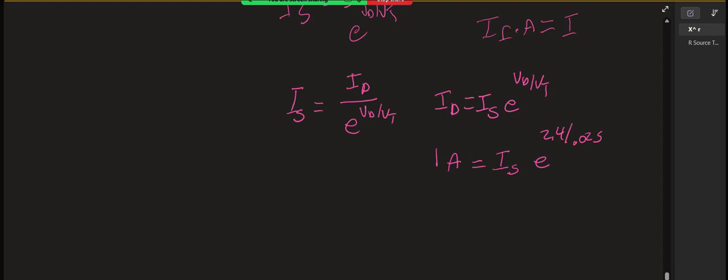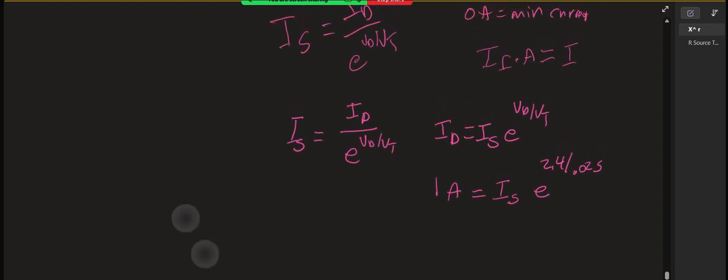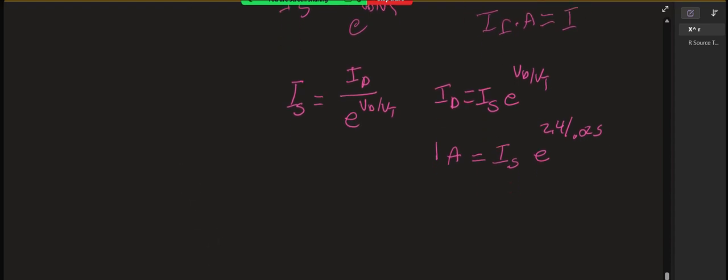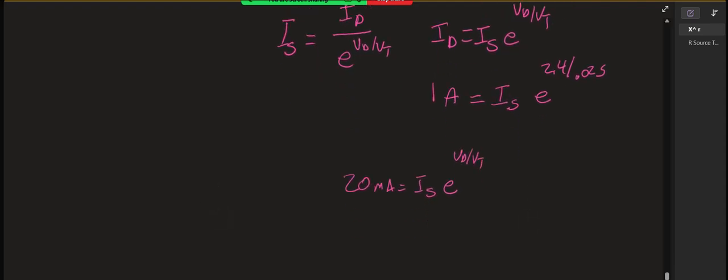And so I need to figure out what I would multiply 20 milliamps by to get 1 amp. So if I had 20 milliamps, which is what we're given, equals IS e to the VD over VT, then I'm going to multiply both sides by 50 to get to 1 amp, because that's my maximum current.